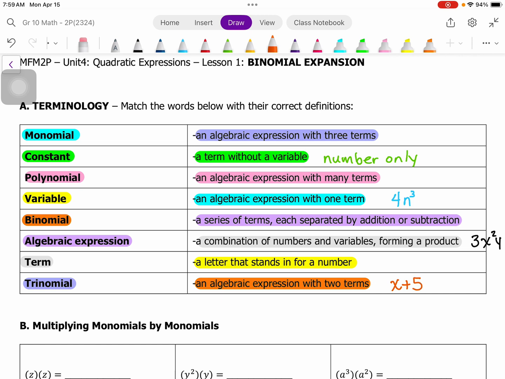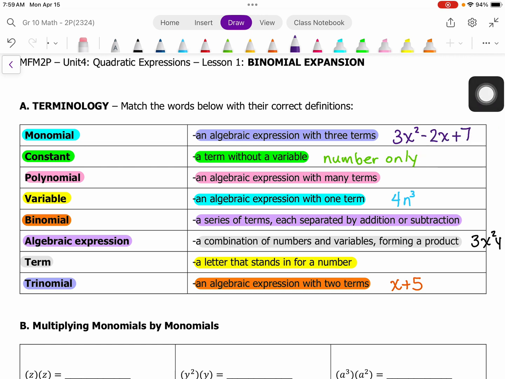So we see a plus there, which means we have two separate terms. This one has a variable, and this one only has a constant, so there's no letter with it. And a trinomial might be something like 3x squared minus 2x plus 7. So here I have 1, 2, 3 different terms. So every time I see a subtraction or an addition, I have a new term there.